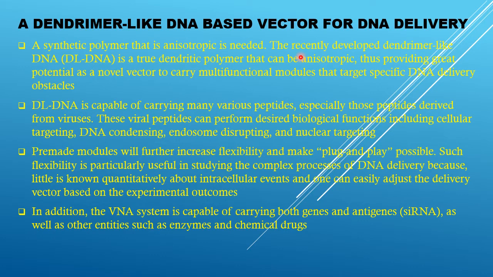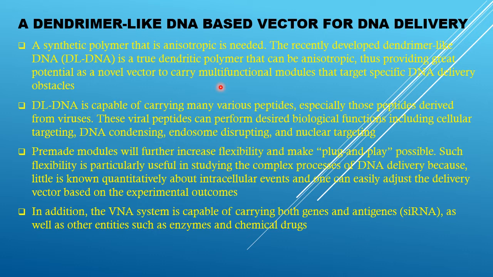The recently developed dendrimer-like DNA is a true dendritic polymer that can be anisotropic, thus providing great potential as a novel vector to carry multifunctional modules that target specific DNA obstacles.